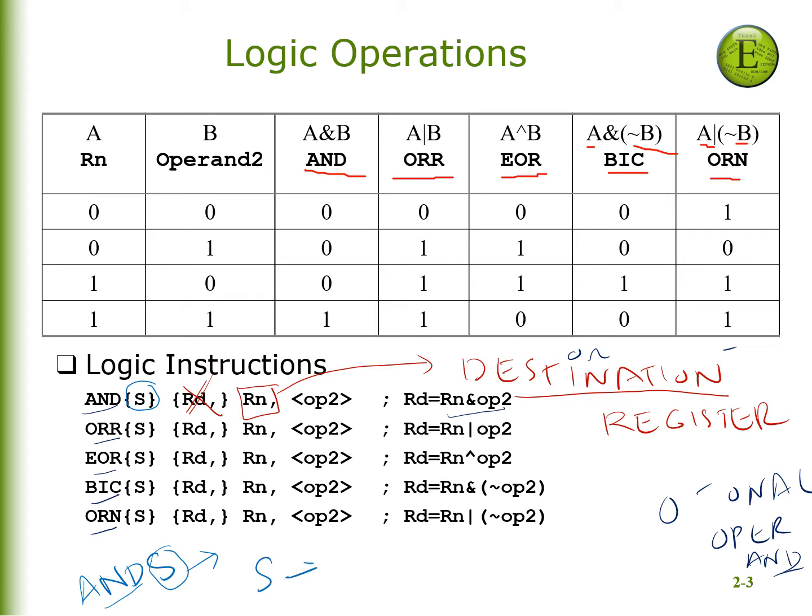So S, if specified, represents that we are going to modify the condition bits. These are special bits that are used to control the flow of the program. Again, this lecture will not cover the condition bits except for only one of them, that is the carry bit.